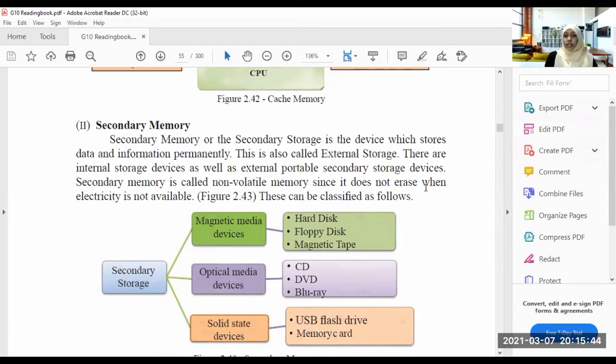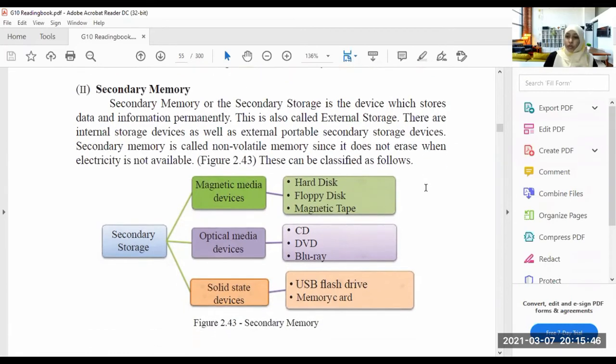So these secondary storages are divided into three: magnetic media devices, optical media devices, and solid state devices. Examples for magnetic media devices are hard disk, floppy disk, and magnetic tape. Optical media devices are CD, DVD, and Blu-ray. Solid state devices are USB flash drive and memory card.